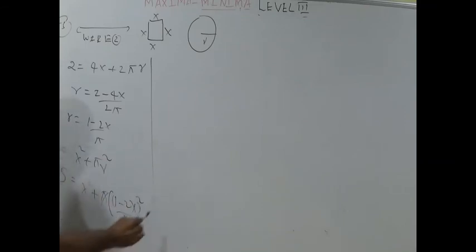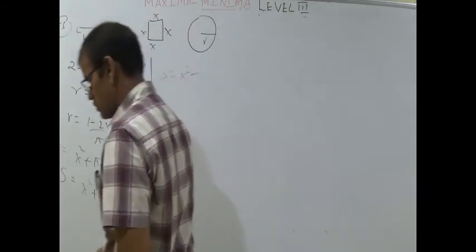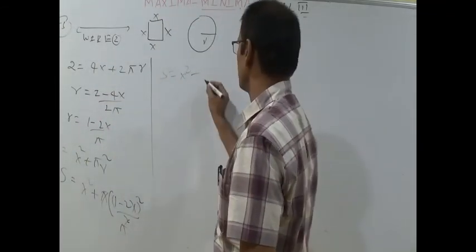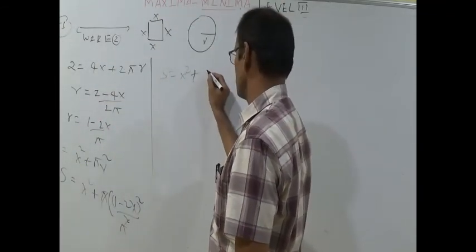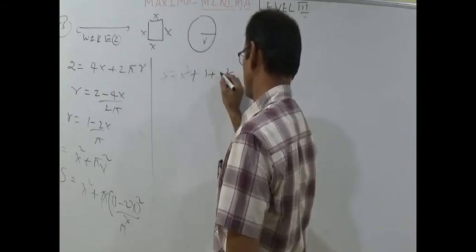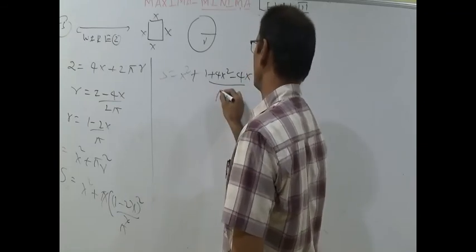Pi and pi will get cancelled. You can write S is equal to x square plus 1 plus 4x square minus 4x, whole by pi.